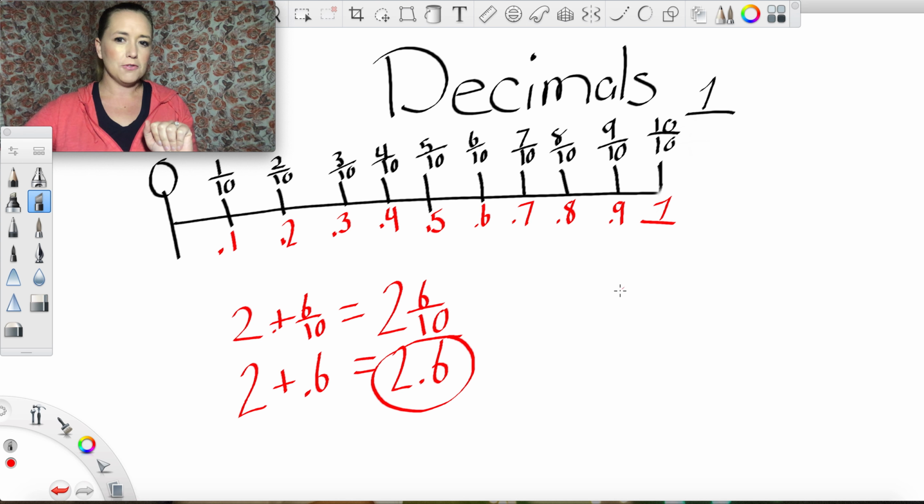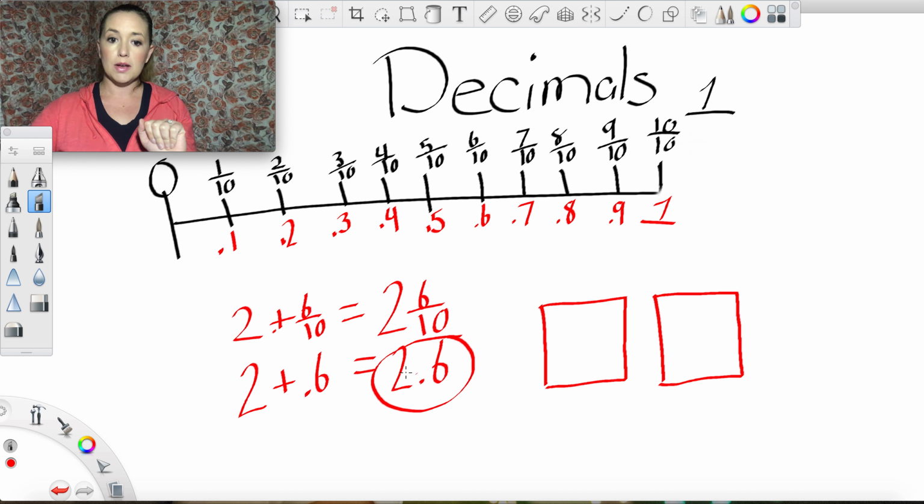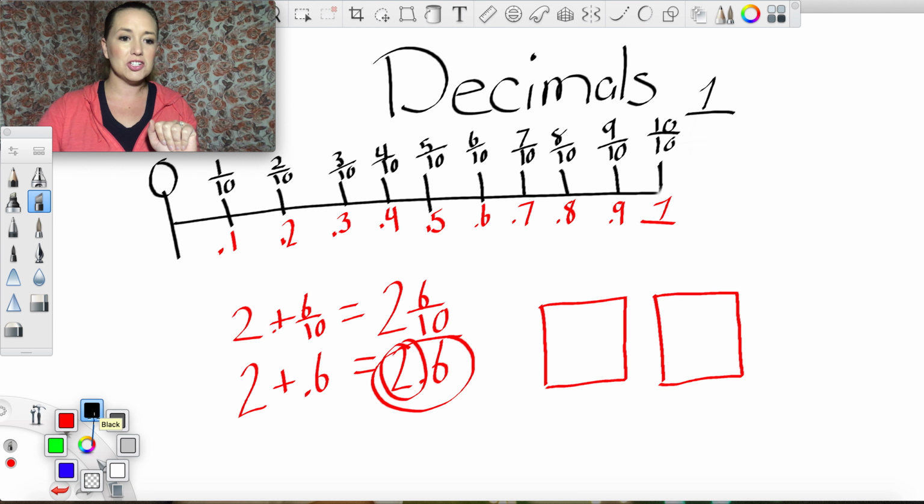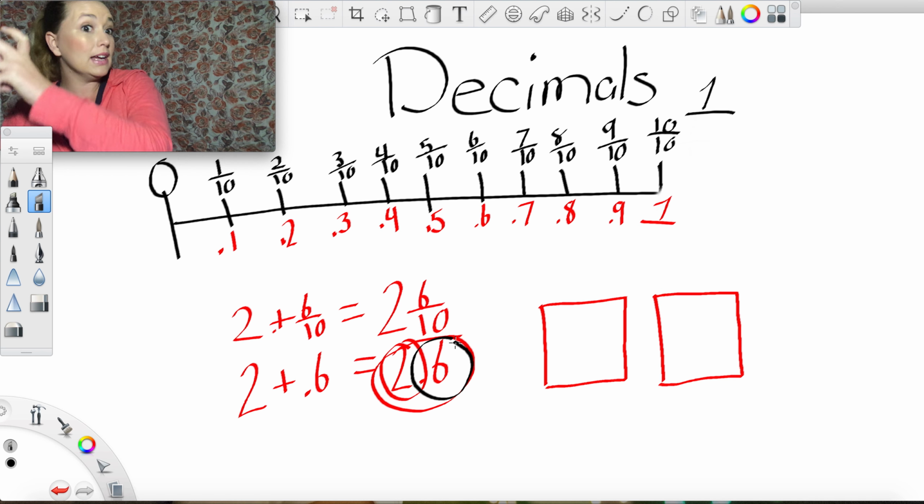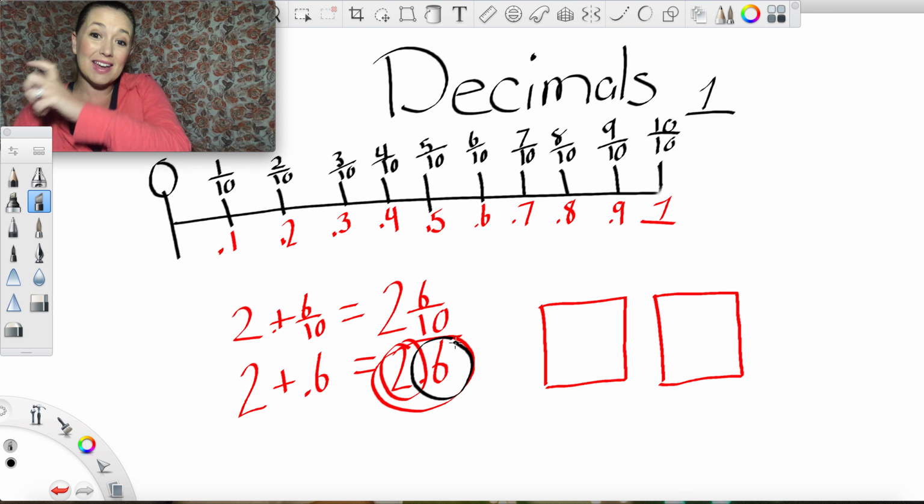Okay, for me, I think immediately of, okay, well, I know I have 1 whole. I know I have 2 wholes because right here I've got 1, 2. That shows the 2 wholes. Now I have my 6/10, so I'm going to change colors. I've got my 6/10. Now it means I'm working on another whole, but I'm not quite there yet.